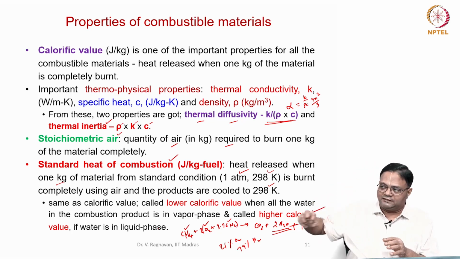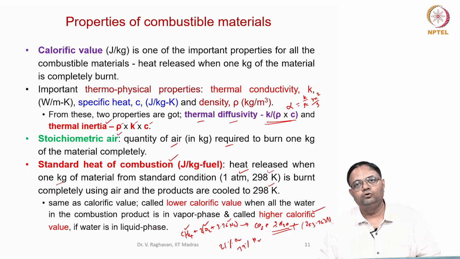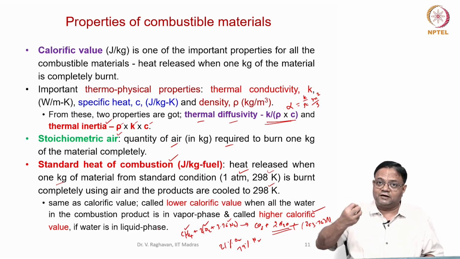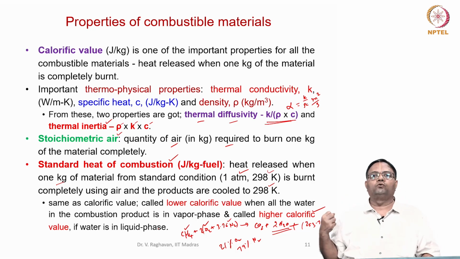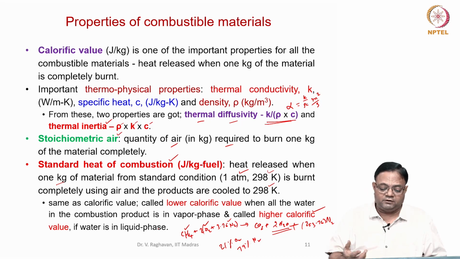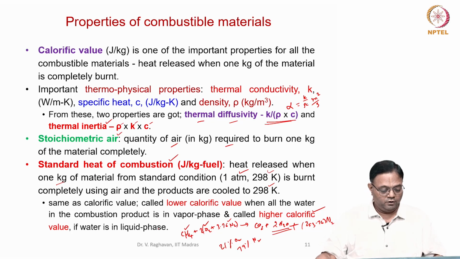Now, when you extract heat, you extract the latent heat of this water also, so that the water condenses and goes to liquid state from the vapor state. So you extract more heat to condense the water also. On the other hand, if the water is in vapor state, then what you get is a lower calorific value. Okay, so I'll stop here.